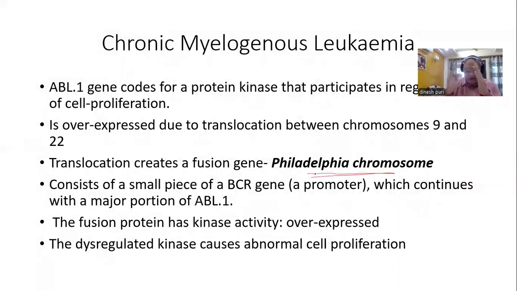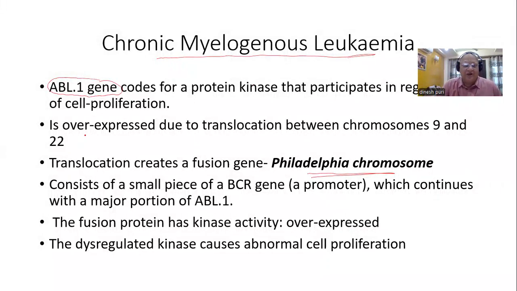Chromosome number 8 was translocated to chromosome number 2 or 22 or 14. Here, in the condition chronic myelogenous leukemia, where the MYC gene was involved before, there is another proto-oncogene, the ABL1 proto-oncogene. It codes for certain protein kinases which participate in the regulation of the cell cycle.